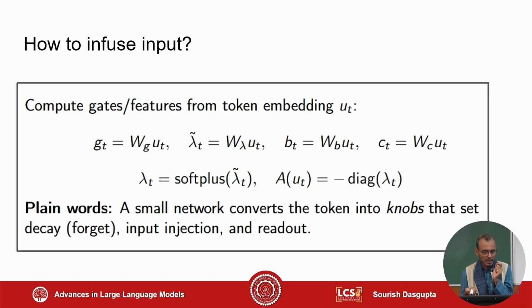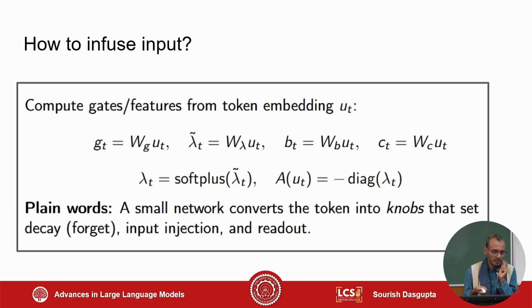And then you have BT, which is WB multiplied by UT, and CT is WC multiplied by UT. Then you plug lambda tilde T into the softplus, you get the lambda T, which is the eigenvalue of the diagonal matrix, and then AUT becomes minus, because the minus is outside, minus of diagonal lambda T, right?